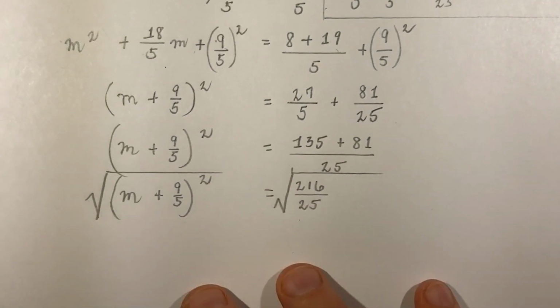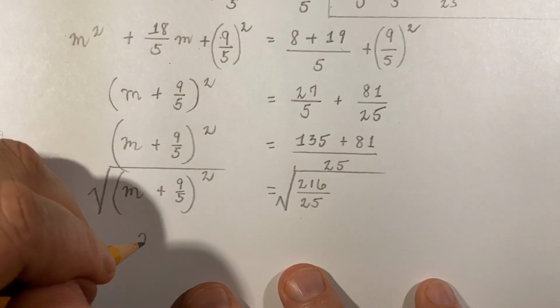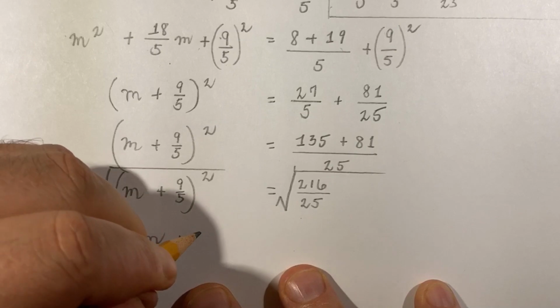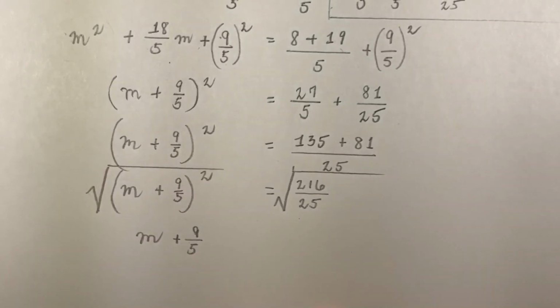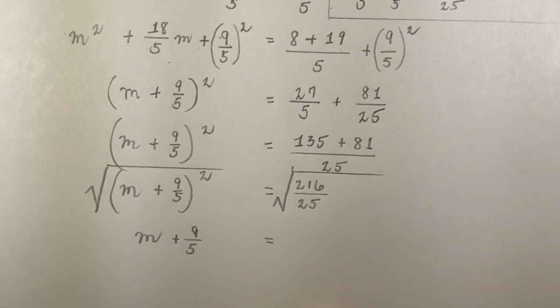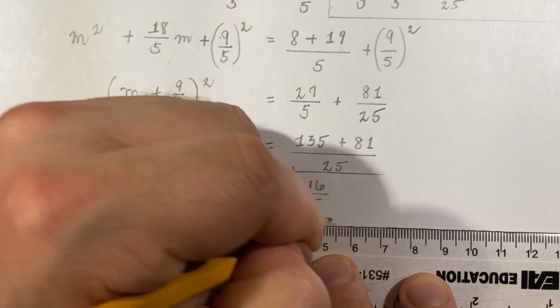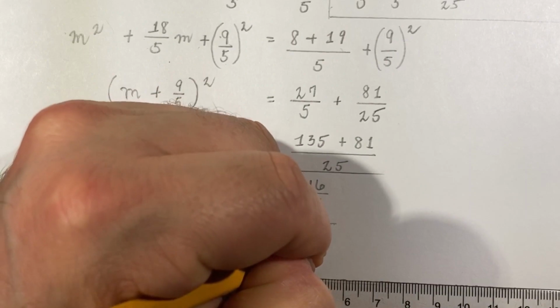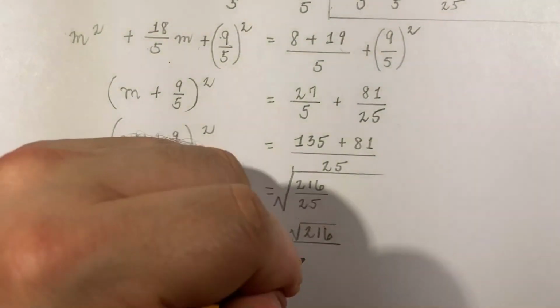Excellent. And so when we square root m plus 9/5 squared, we just get m plus 9/5. Okay, and over on the right side, the square root of 216 over 25 is equal to the square root of 216 over the square root of 25.